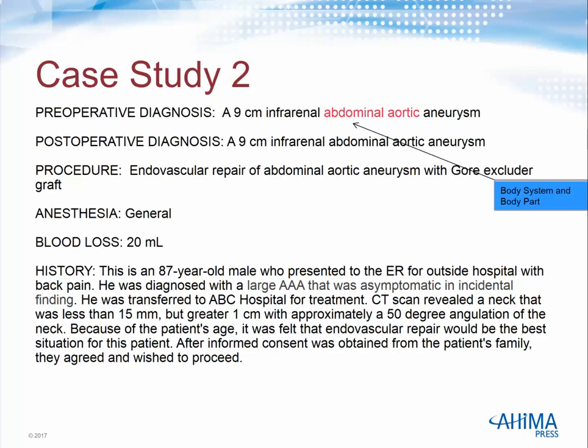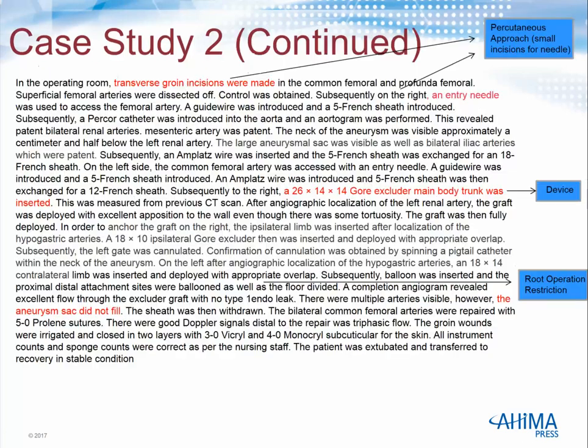This slide identifies the body part and the body system. You have some information about the patient in terms of their background and history. Then we have the main component of the operative report, which your textbook authors call case studies.